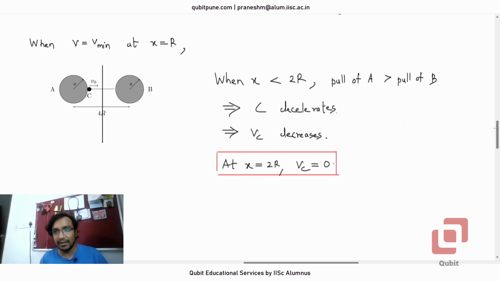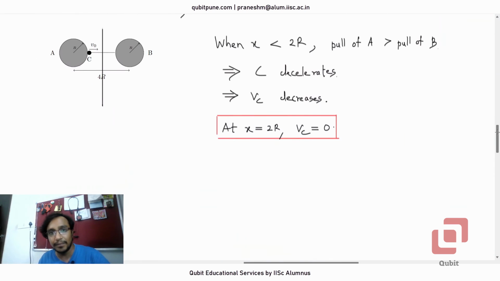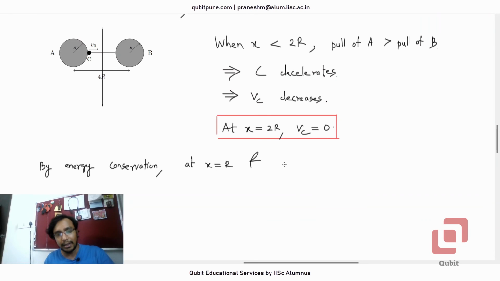Now from this and the thing that we stated earlier, that gravity is conservative, shall we now apply energy conservation? Of course we can apply energy conservation. So by energy conservation at x equal to r and at x equal to 2r.